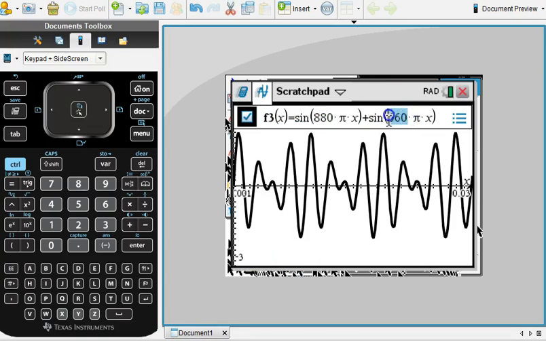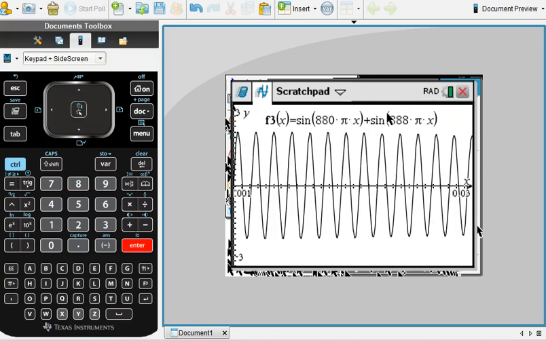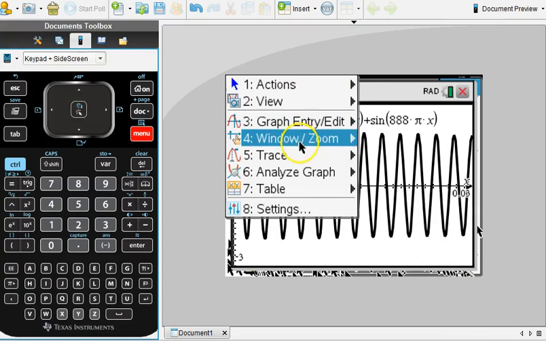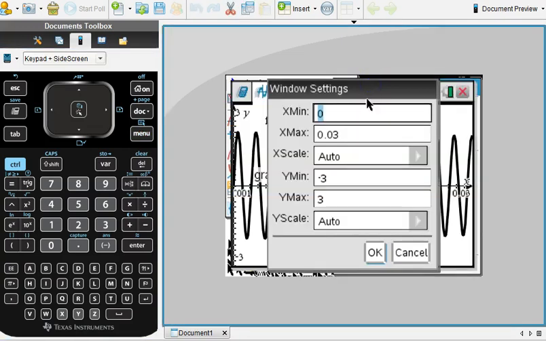888. Now if you'll notice on your notes, I've given you suggested window settings to use, and the window settings have x max go to 0.05, I believe.